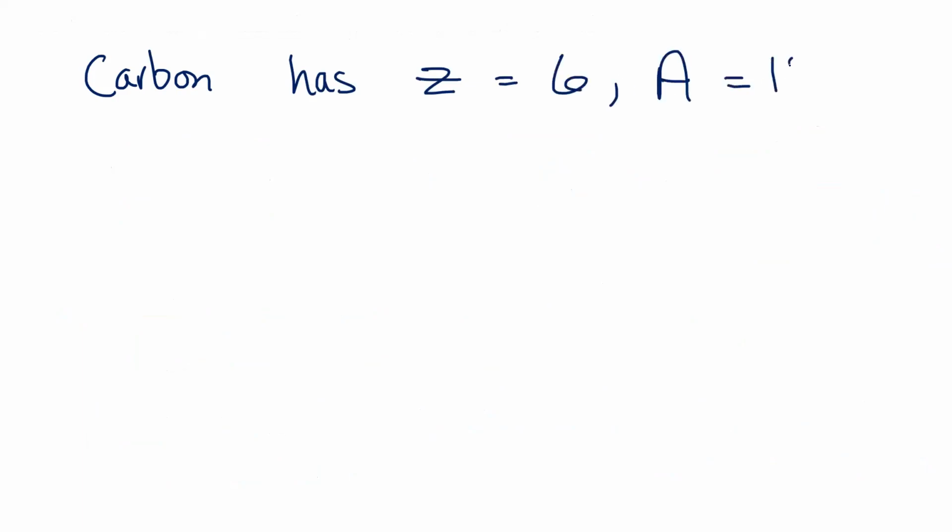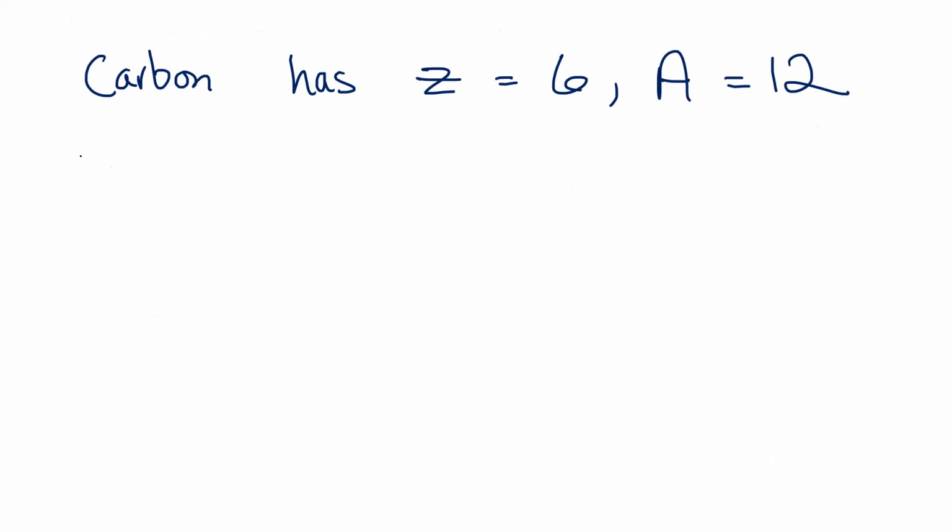Well, what we do is we go carbon has an atomic number of 6 and a mass number of 12. So we do the same thing we just did.